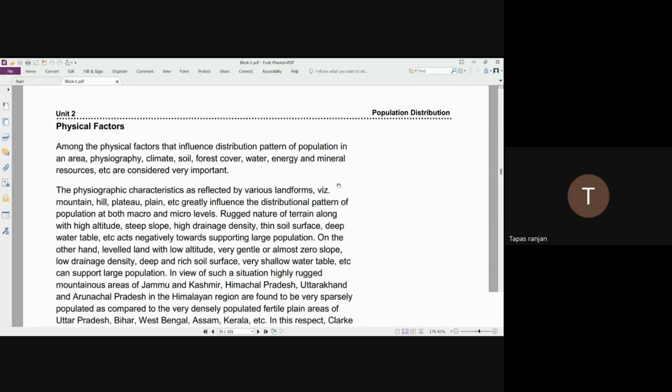How does physiography play an important role? Just think about a plain land and a sloping land or a very high land. Definitely the hills and mountains will not be inhabited by a lot of people as compared to the plain lands.